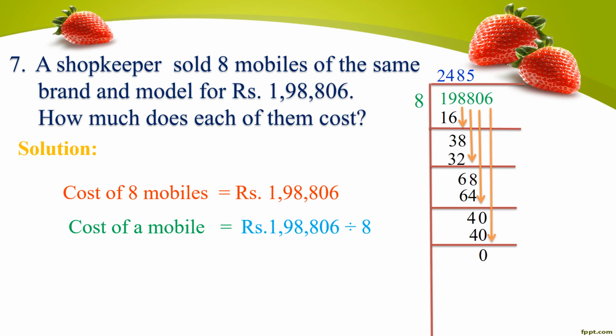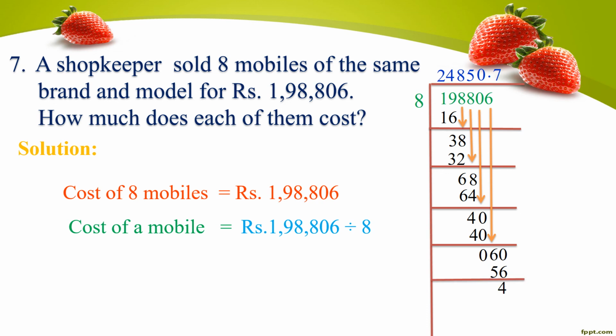Now the remainder is 0. We have to bring down the next number, which is 6. 6 is smaller than the divisor 8. So we have to add 0 and a decimal point in the quotient. Now we can add 0 after 6, and we get 60 here. In 60, how many 8s are there? 8 7s are 56.